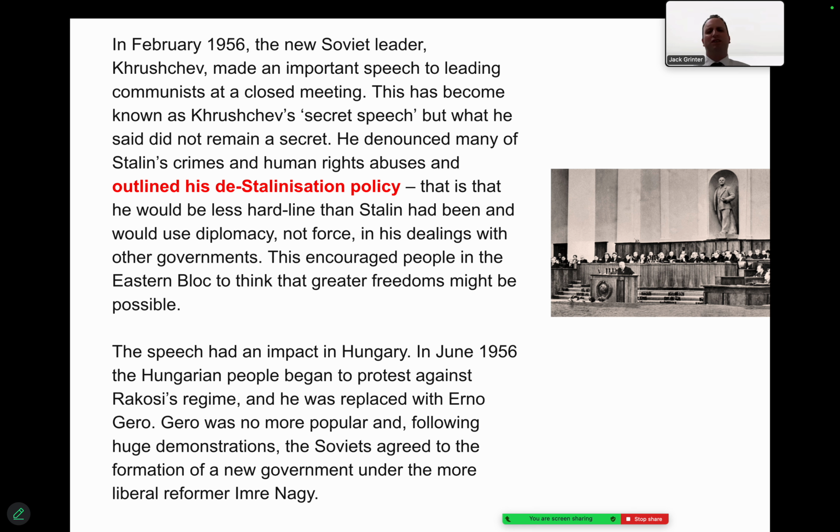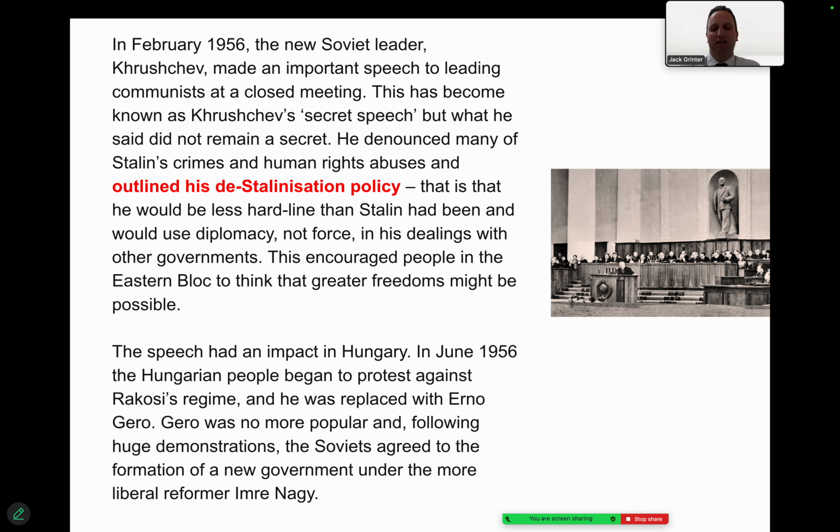So in the Soviet Union, terror's ended, and the Gulag system, which are the forced labor camps, is shut down. But people in the Eastern Bloc, the satellite states that we're talking about here, thought, well, hang on a minute, could we get greater freedom now? People in the Soviet Union are getting greater freedom. Can this lead to our situation changing?